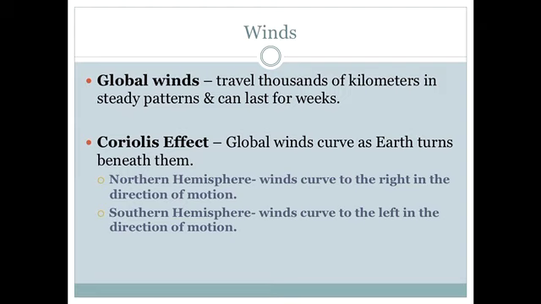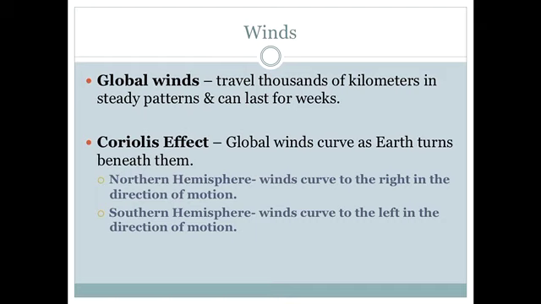Global winds. This is another vocab word that you have seen in the past few weeks. Global winds travel thousands of kilometers in steady patterns and can last for weeks. Coriolis effect. These are global winds that curve as Earth turns beneath them.